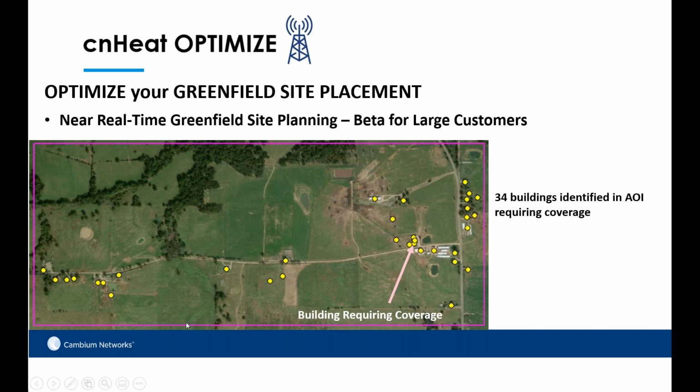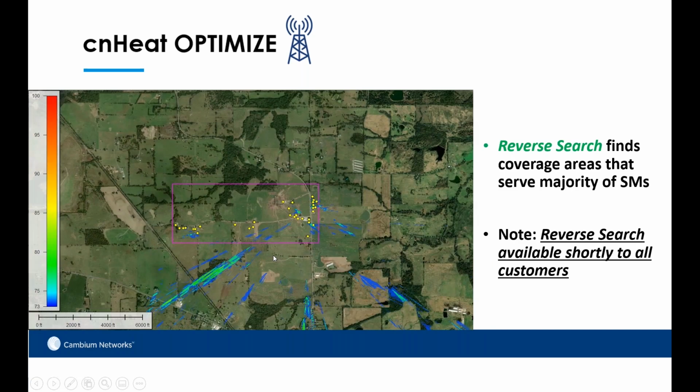Say, for example, you had a requirement for CAF to cover these 34 buildings, and you needed to have 95% coverage, or something like that. So what we do is we identify the buildings in advance, and then we have two tools. One tool is called a reverse search.